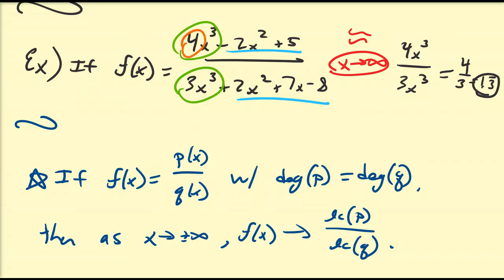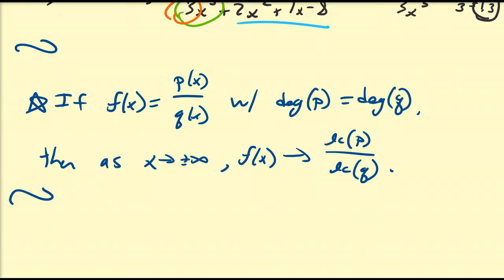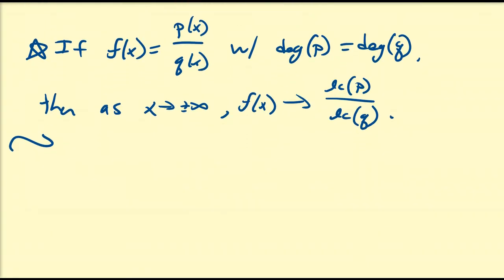So in this case, that was going to be 4 divided by 3. Right? So that's very interesting. That means 4/3 was the horizontal asymptote of the other function.